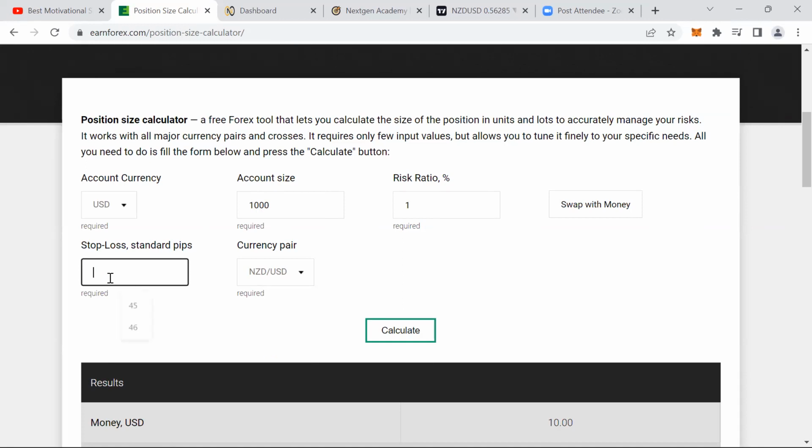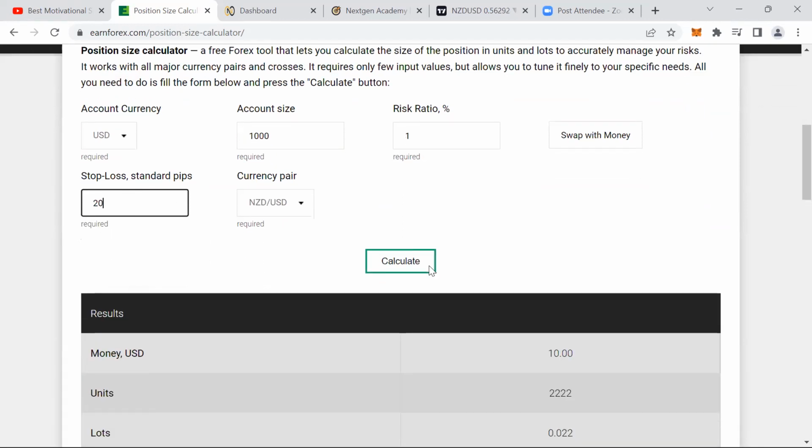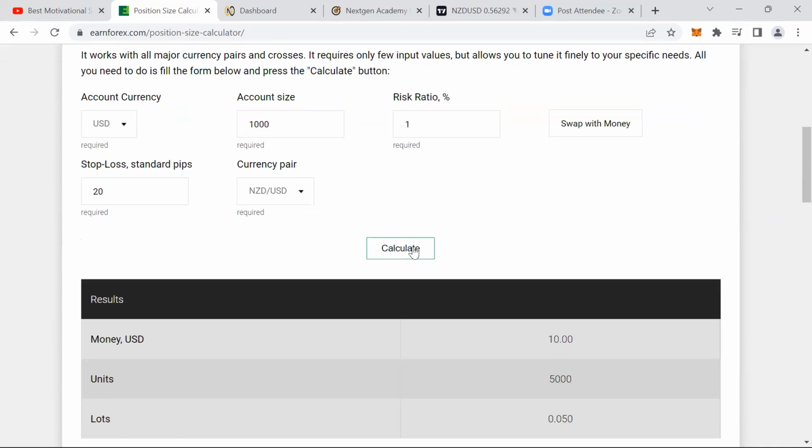Now you change the stop loss to 20 pips and you hit on calculate. Once you hit on calculate, it will give you your lot size, 0.05. So this is what you use as your lot size when you are risking 1% with 20 pips. So if this trade goes against you, you're only losing $10. You still have 990 to continue trading.